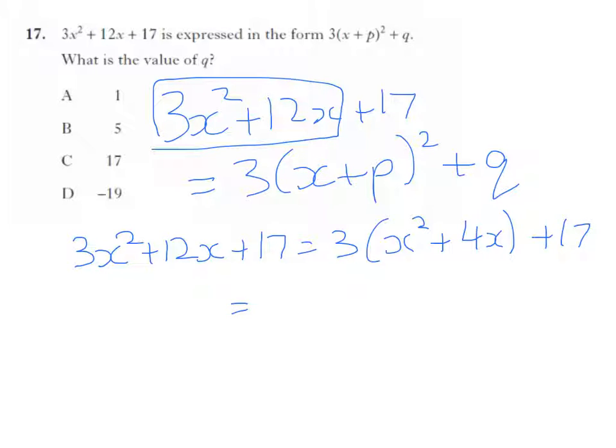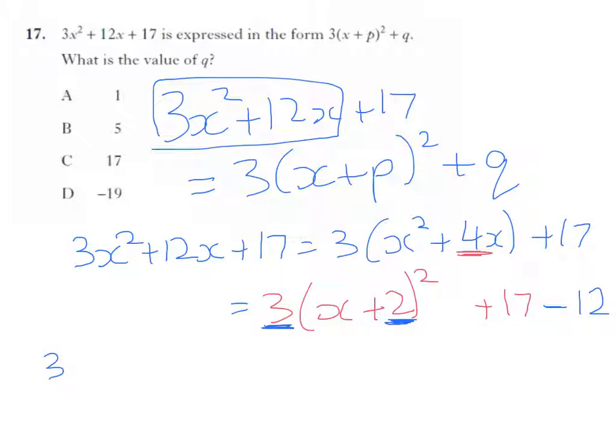Now if I complete the square and look at that coefficient and halve it, so I get 3 times x plus 2 squared plus 17. Now unfortunately I have added in 2 squared, which is 4, times 3.